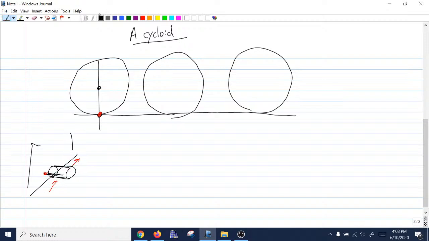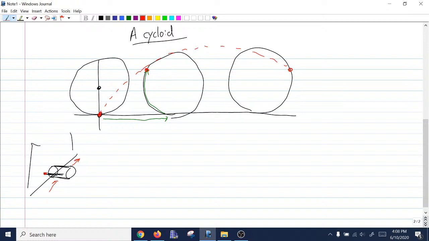My circle is rolling along, and as it rolls, I need to measure that distance along the perimeter. That's where the point is now. And now it's rolled even further, and maybe my point is here. As my point moves along, what is the curve that's going to be passed by that? This curve is going to be called a cycloid.